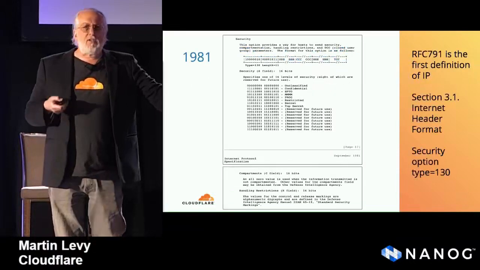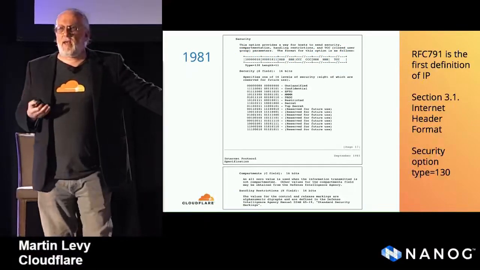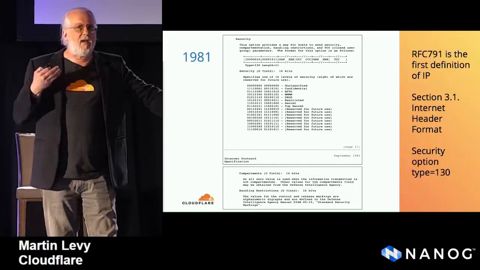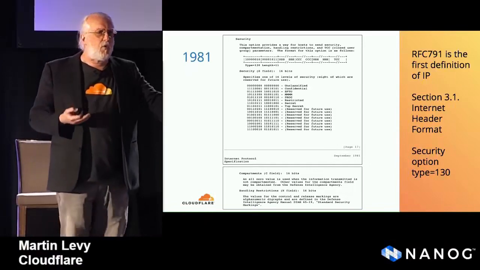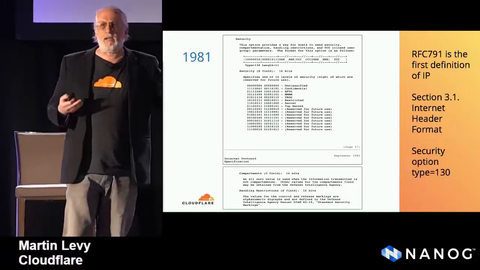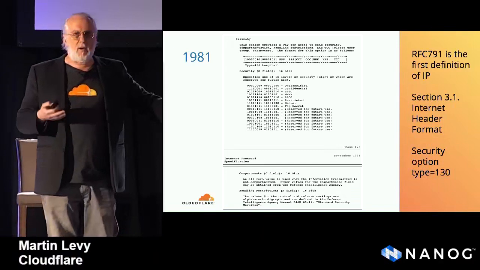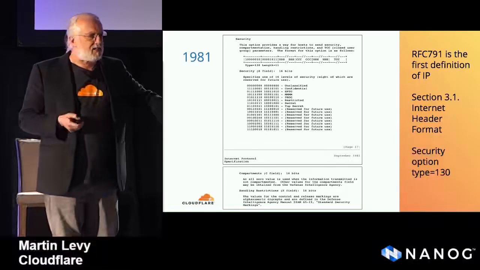Even if you go down to that transition of NCP to TCP and you start looking at the spec inside the protocol, which we still run today, RFC 791 is as valid today as the day it was published in the early 80s.